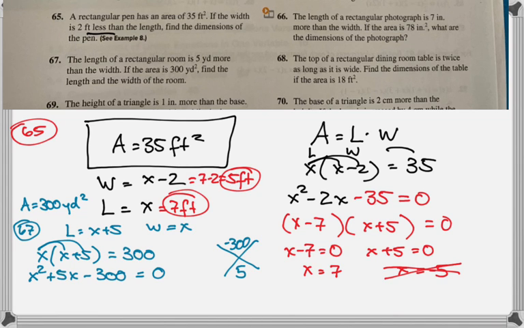You got that right. 20 times 15. The 15 is negative and the 20 is positive. So 15 times 20. Okay. X plus 20, x minus 15.